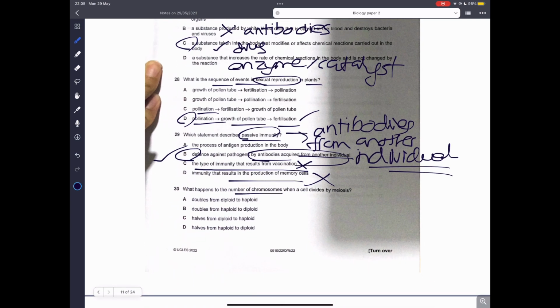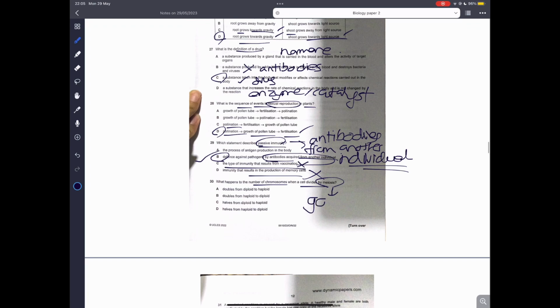30. What happens to the number of chromosomes when a cell divides by meiosis? Meiosis, remember, is a reduction division, so it halves the number of chromosomes which is available in a body cell. So a body cell is a diploid cell which contains the full number of chromosomes, and it will halve the diploid into a newly formed haploid cell.